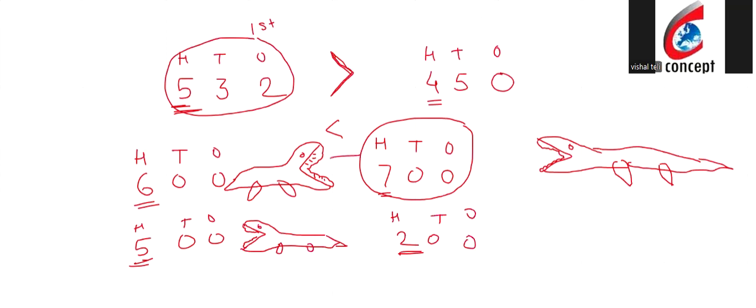And if this is the greater number, crocodile is going to eat this number. Do you understand now? Greater number and smaller number. Okay. So this is called greater sign, and this is called less than sign.